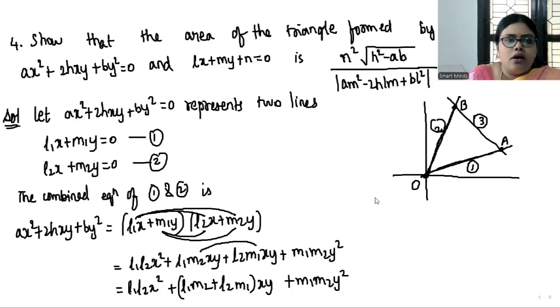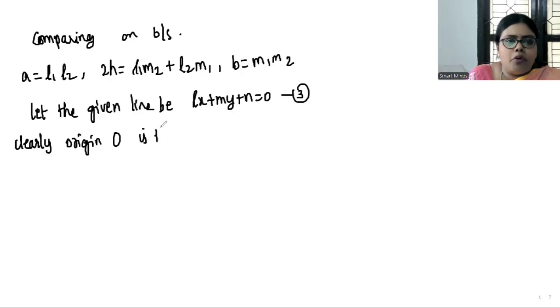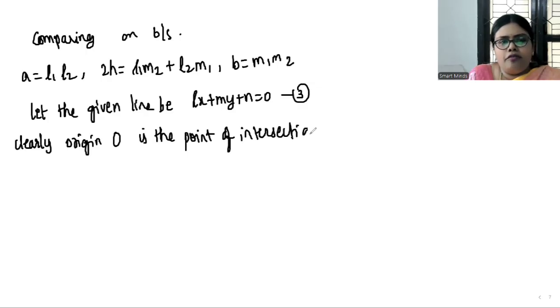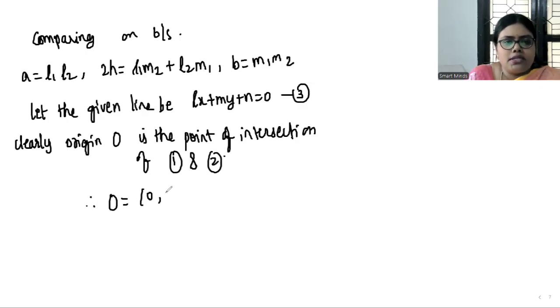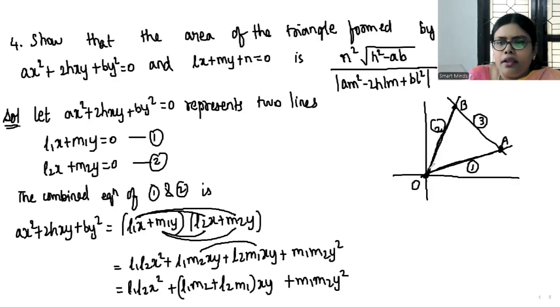So that means origin O is the point of intersection of lines 1 and 2. Therefore, O is equal to (0, 0). Now you see, how do you get A? Look at the figure again. If you solve equation number 1 and 3, we will get A. Yes or no? Because A is the point of intersection of 1 and 3.